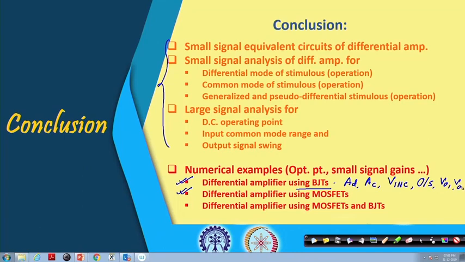The same thing we have done to quite an extent for the differential amplifier having MOSFET, and then we also discussed the differential amplifier having both MOS and BJT.